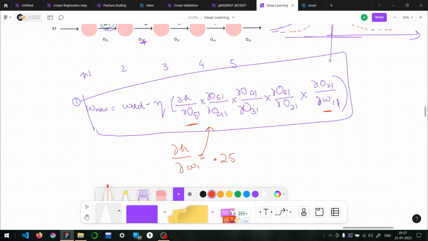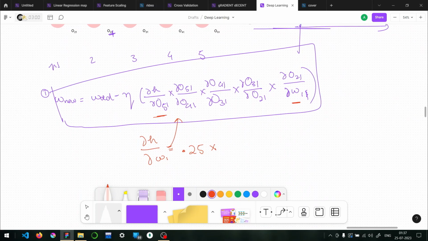Then after that, it is going through multiple sigmoid layers, right?